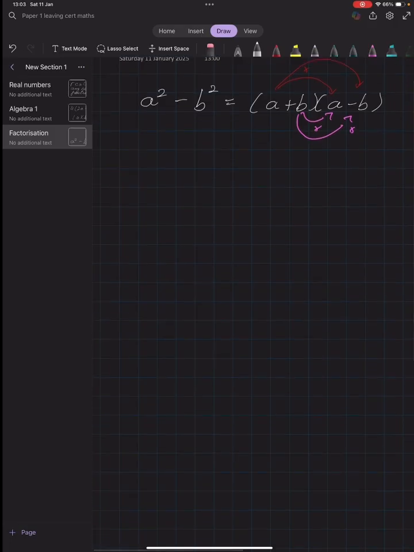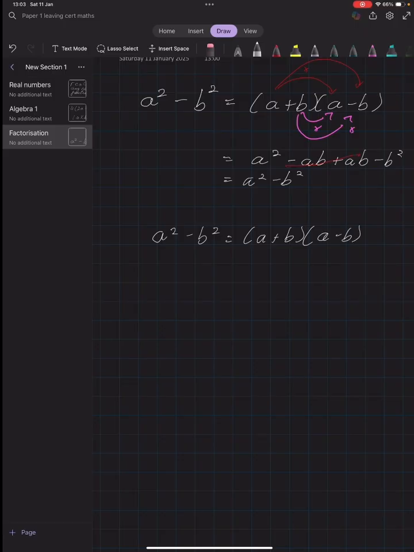What I get is a by a is a squared, a by b is minus ab, b by a is plus ab, and b by minus b is minus b squared. These two terms cancel, so I'm just left with a squared minus b squared. And therefore, a squared minus b squared can be written as a plus b, a minus b.